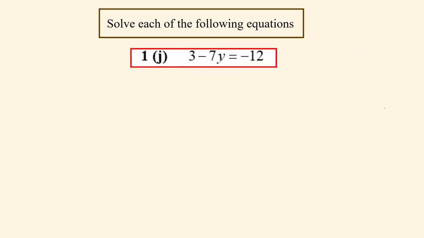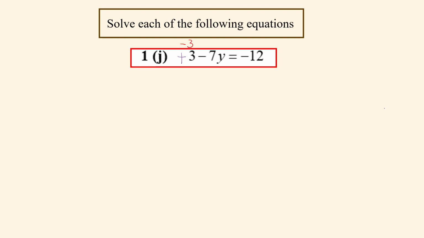What we're going to do is get rid of an individual term. Because we're going to make the variable y stay on the left-hand side, we are not going to get rid of negative 7y. We're going to get rid of 3 instead. Like I mentioned earlier, 3 means positive 3, so to get rid of it I need to do the opposite action, which is subtract it.